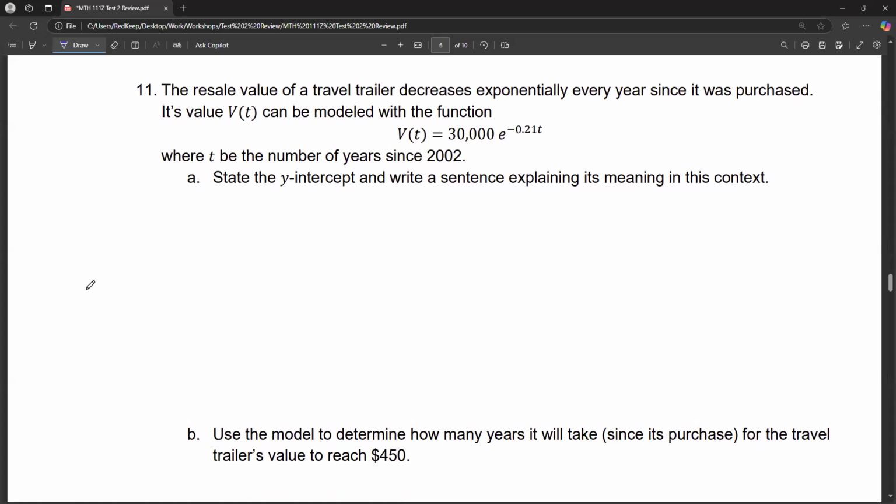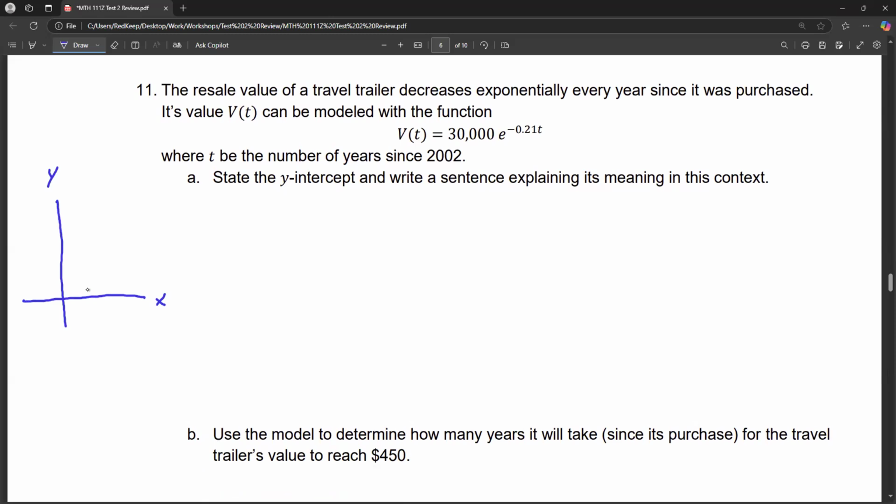So part A is talking about the y-intercept. And I always like to think about this for a second, right? Kind of try to do a practical approach to this. And you may already know this. This is probably a review for most. I apologize.